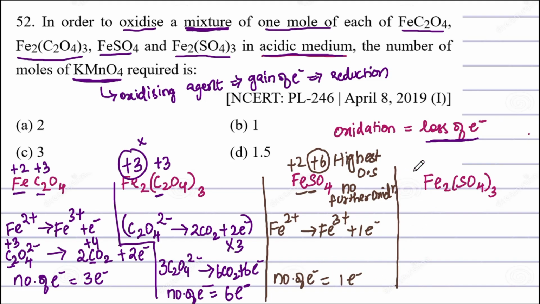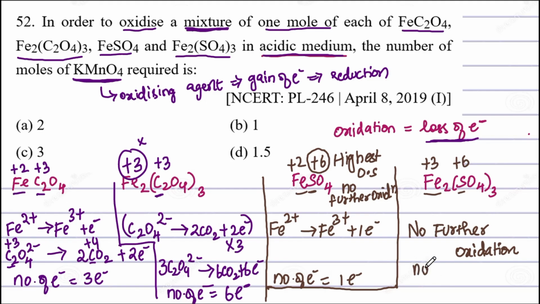Then next one, Fe2(SO4)3. So 3 units of sulfate ions are present, which means the oxidation state of iron is +3. The oxidation state of sulfur in sulfate ion is +6. So already they are present in the highest oxidation state, so there is no further oxidation in this compound. So the number of electrons is 0.